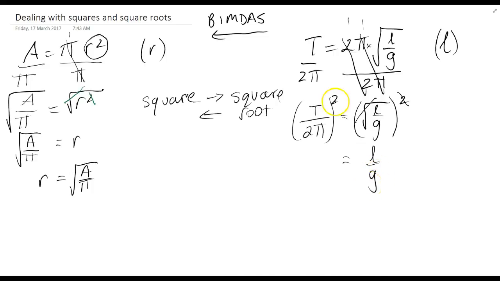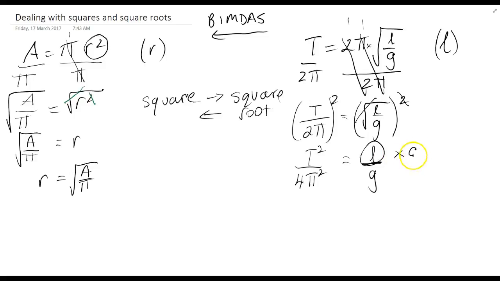On the other side, let's have a think about this using our index laws. I've got T squared in the top. Don't forget that the square squares everything in the bottom. So it squares the 2, 2 squared is 4, and it also squares pi, which we'll just write as pi squared. Now again, I want to get L all by itself. I am dividing by g. What's the opposite of dividing?